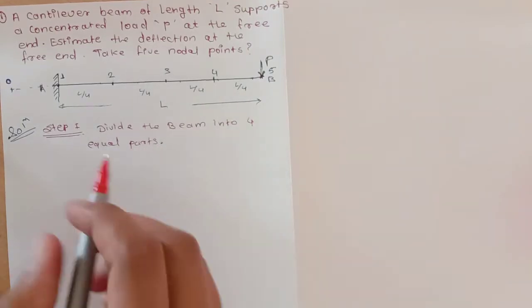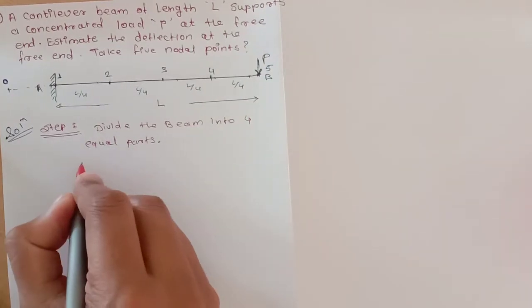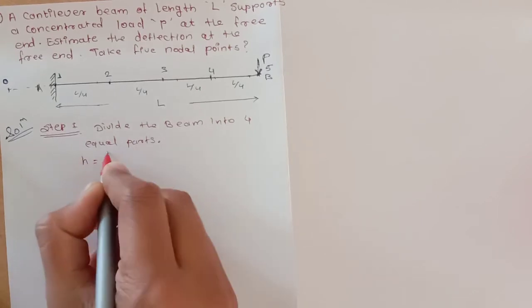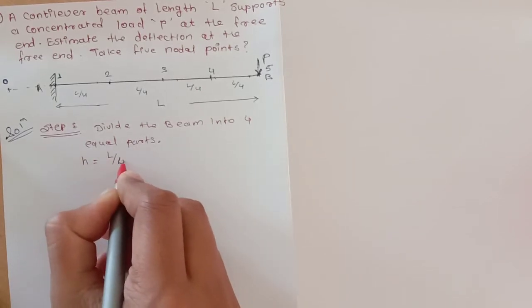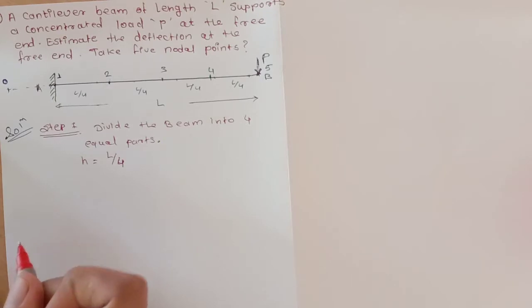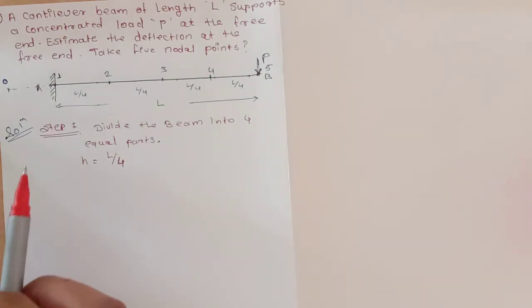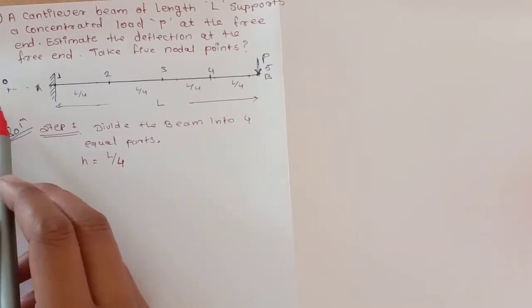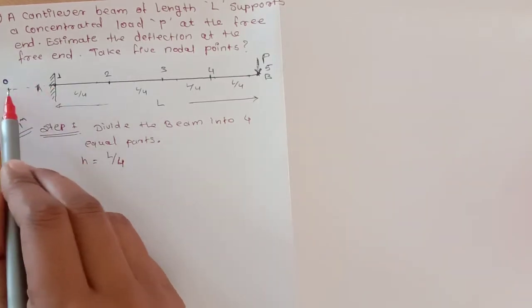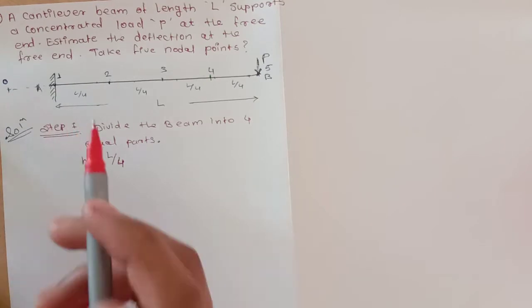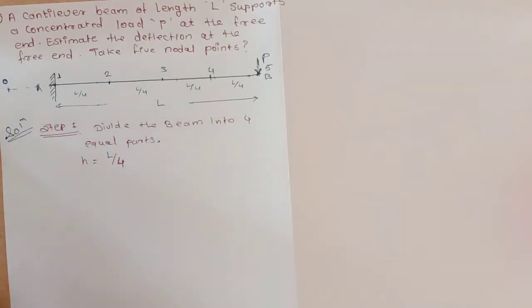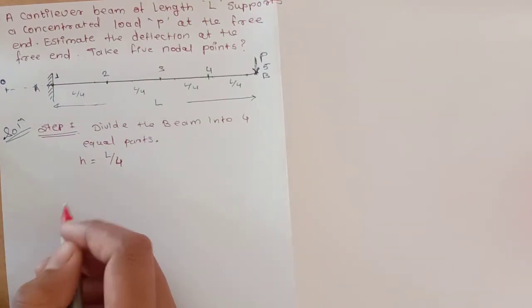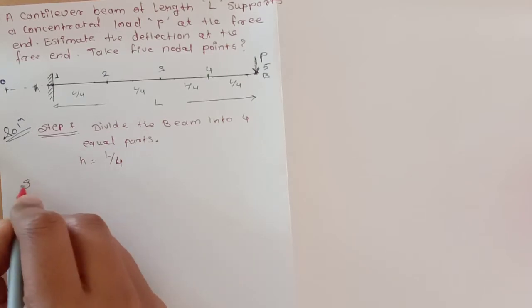So that means h is equal to L by 4. Then next, assume an imaginary nodal point 0 towards the left of the support. From point A to the left support is 0. Take dummy nodal points.